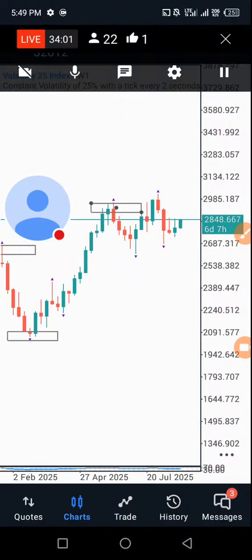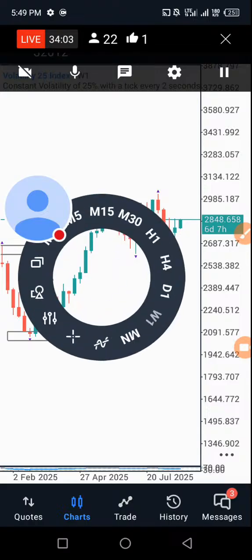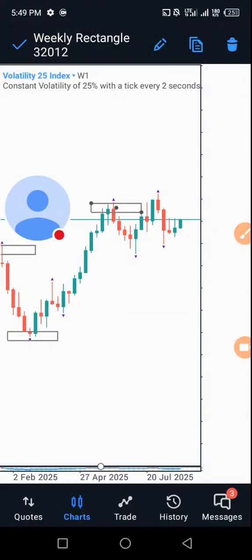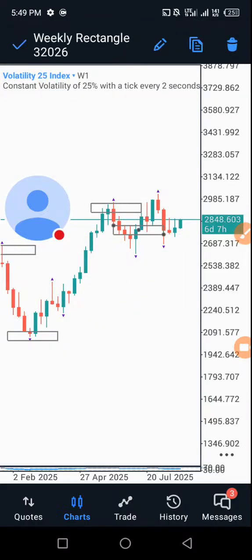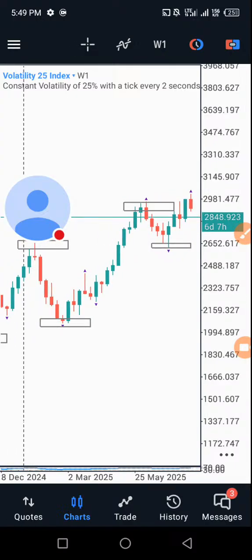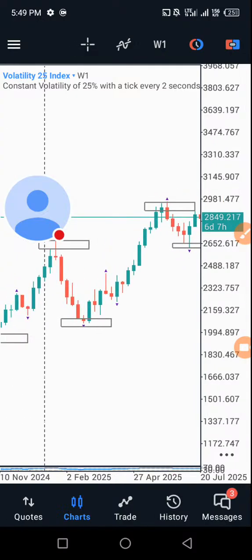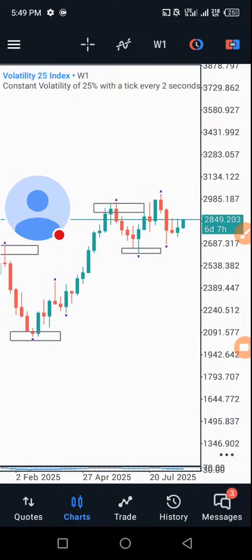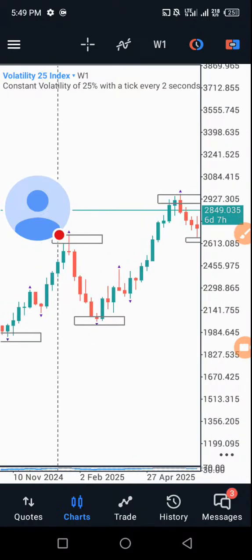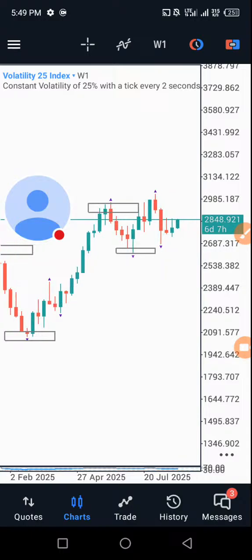So you notice that we have a low here, okay. So guys, you can see now that it is so clear that our direction is an uptrend.